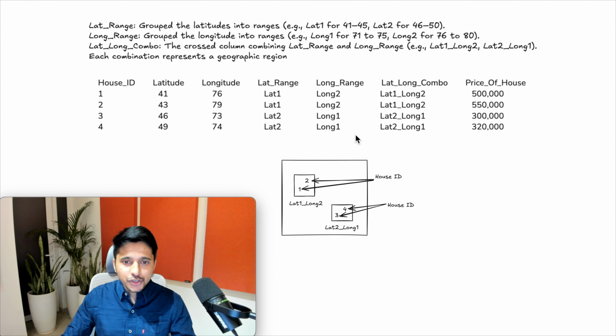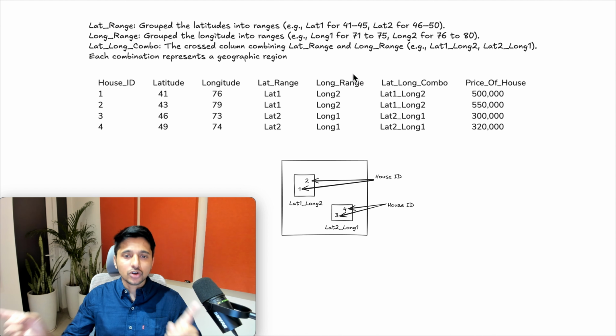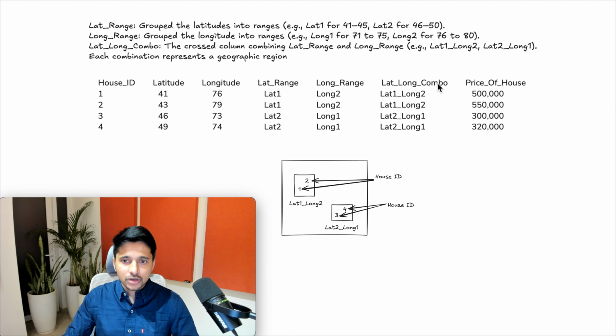And now we are going to do the crossed column feature engineering. So we will take this column and this column and we will cross both the columns, and we will create a new column out of these two. So we are combining both the columns, meaning crossing both the columns, and we will create lat long combo.